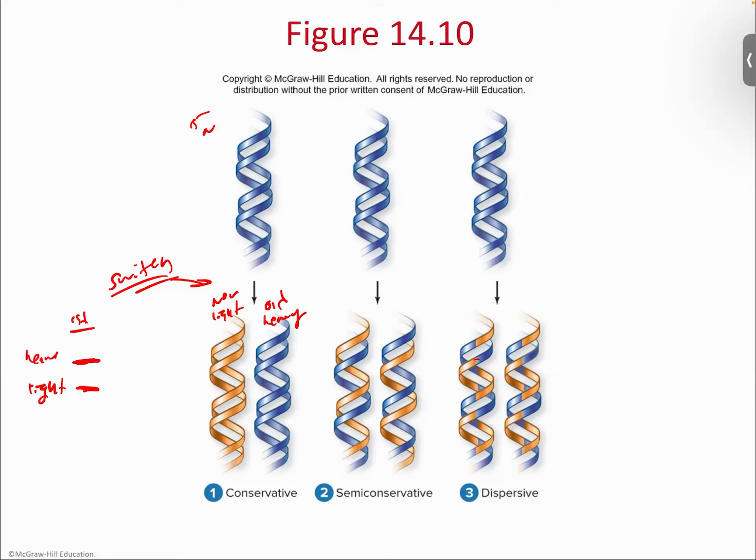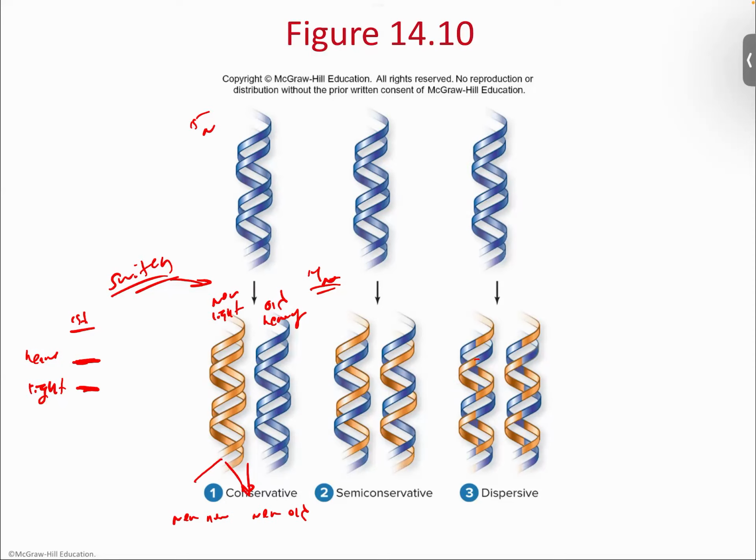However, if you keep it on light nitrogen, right, this is your N15 or N14 treatment down here. If you keep it on light nitrogen and have it go through another round, then basically you're going to make essentially another copy, right? So you're going to make a new, and then a new old, because this one doesn't ever change.